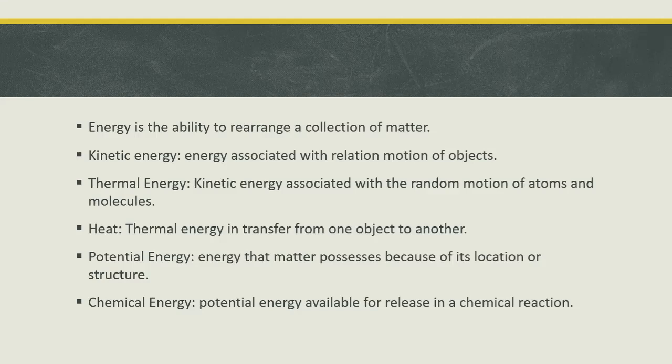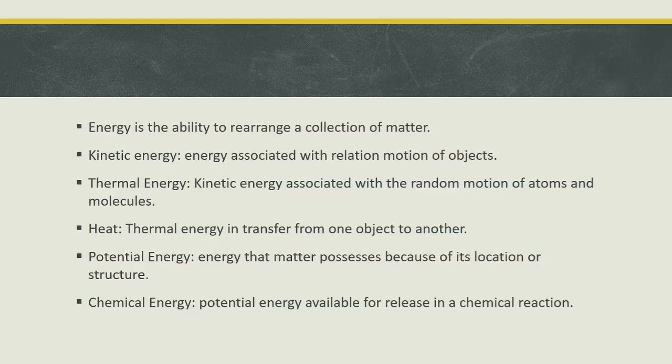Then there are two main categories of energy. There's kinetic energy and there's also potential energy. And then we have some subdivisions of those main energy types, which are thermal energy and chemical energy. And well, we're going to be going over those right now.